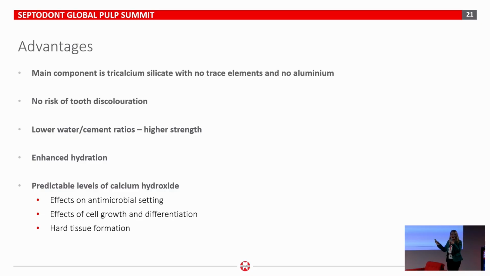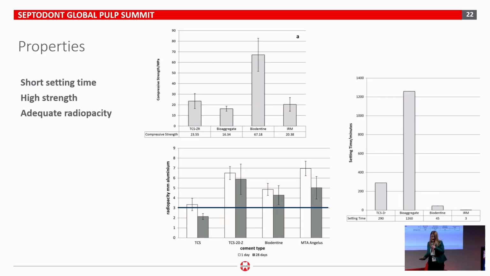You can use low water to cement ratios because there is the superplasticizer, and as soon as you reduce the water, you will get higher strength. It has an enhanced hydration because the particles are very, very small, and predictable levels of calcium hydroxide. It affects the antimicrobial characteristics. It affects cell growth and differentiation and the hard tissue formation.